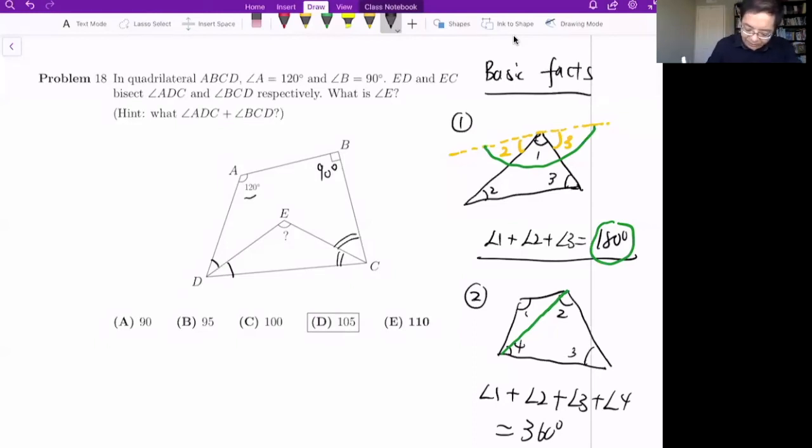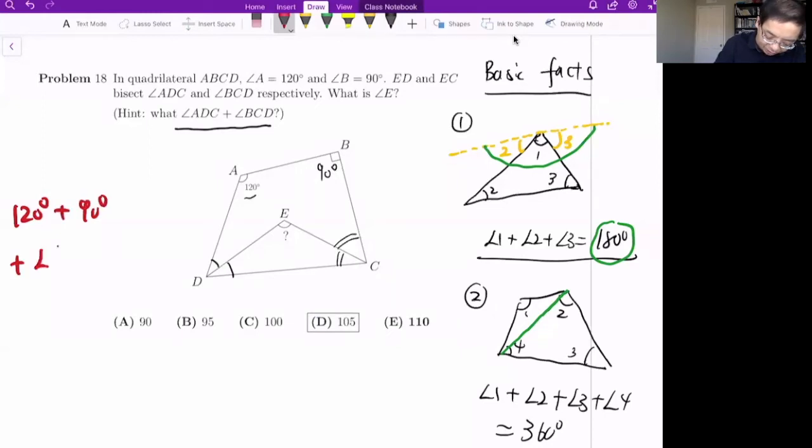So by this I have, as the hint says, we need to figure out: 120 plus 90 plus the angle ADC plus the angle BCD, the whole thing equals 360.